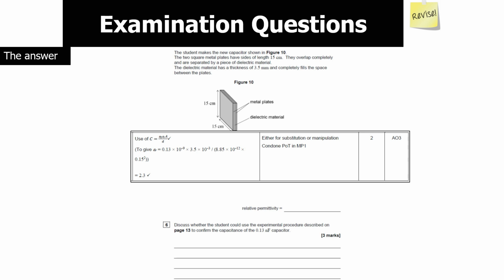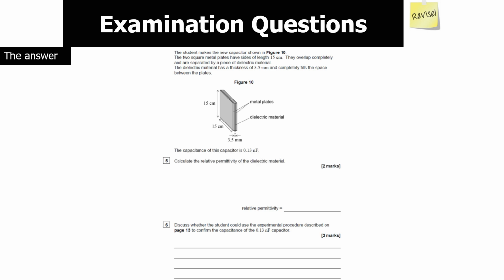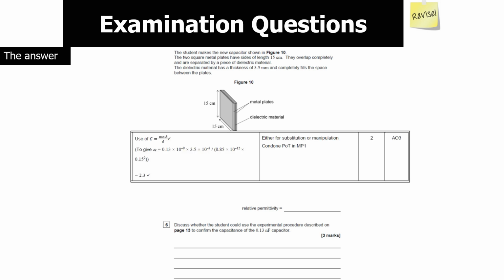You can work out the area by doing 15 times 10 to the minus 2 times 15 times 10 to the minus 2. Remember again, you need to be converting from centimeters into meters. You can then also use the separation of 3.5 millimeters by having d as 3.5 times 10 to the minus 3 to get our answer out to be 2.3.